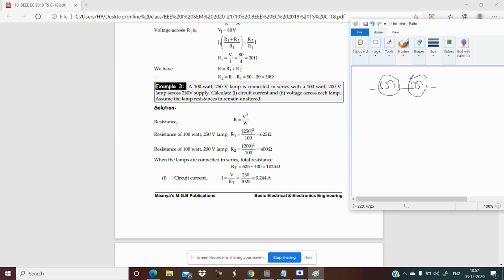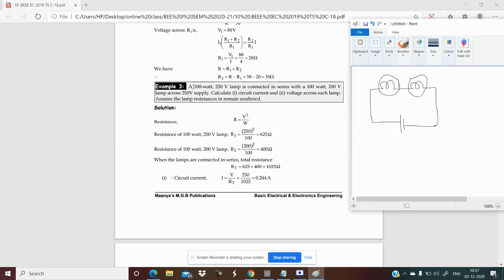For any problem, you have to first analyze the question, and after analyzing it, you have to draw the circuit diagram. The circuit diagram will help you in solving the answer easily. Okay.